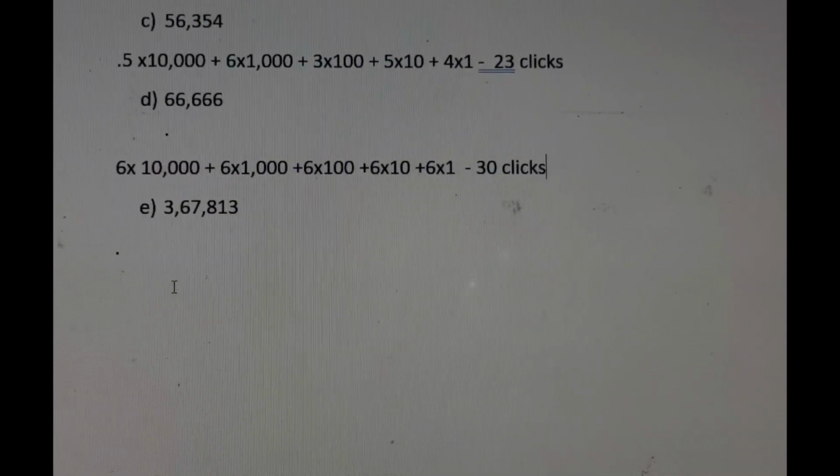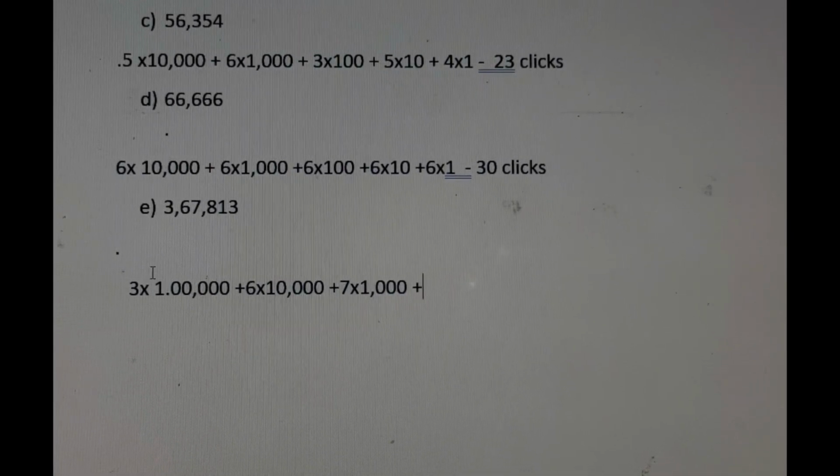Now the last question is 3,67,813. So here we will use the lakhs button. So that will be used 3 times. Then the next is 60,000. So 10,000s button 6 times. Then 7,000 it is. So thousands button 7 times.